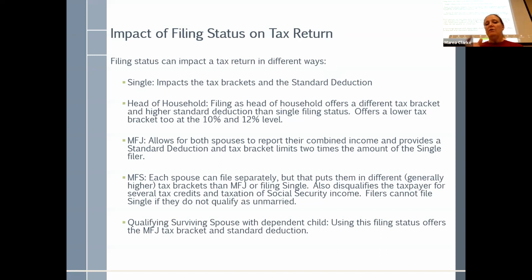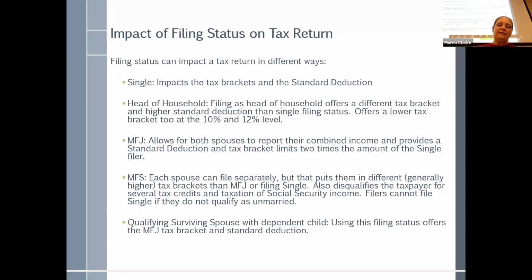Married filing jointly allows both spouses to combine their income together. So they just add all of the different types of income together. And the standard deduction and the bracket limits are basically twice what the single filer has. For married filing separately, each spouse can file separately, but that puts them in generally different brackets than the married filing joint or single.